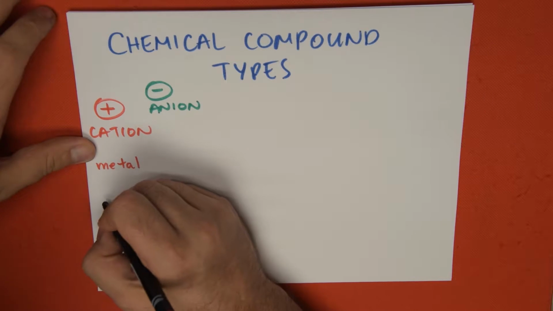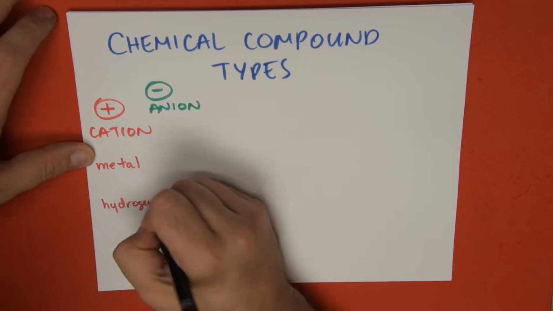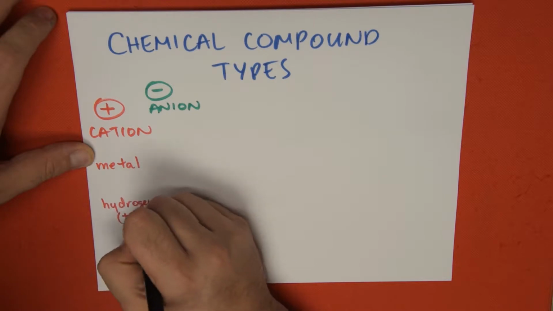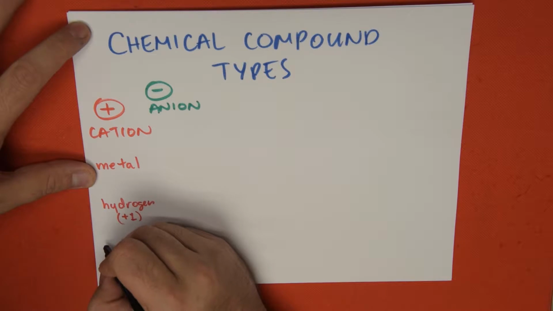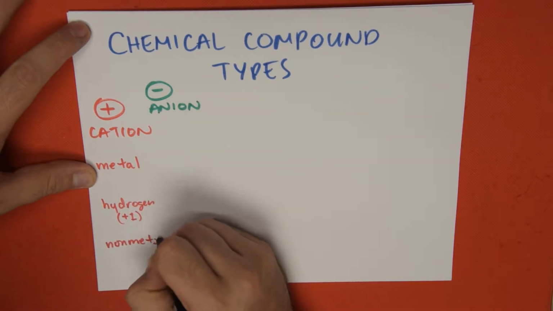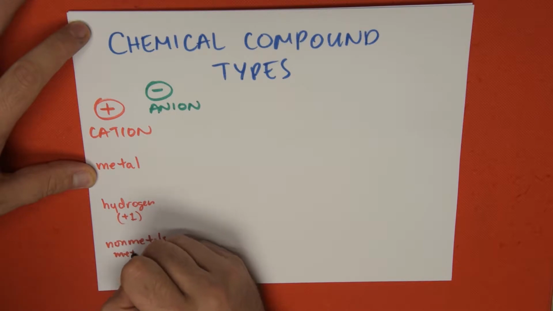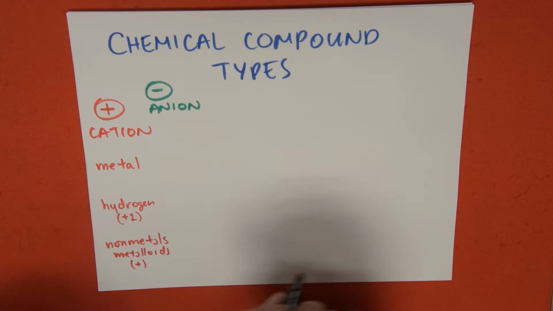Another cation is hydrogen, which is always going to be +1 when it's acting as a cation. And the last one we're going to analyze is nonmetals, which include metalloids, which also have positive charge but in different measure.